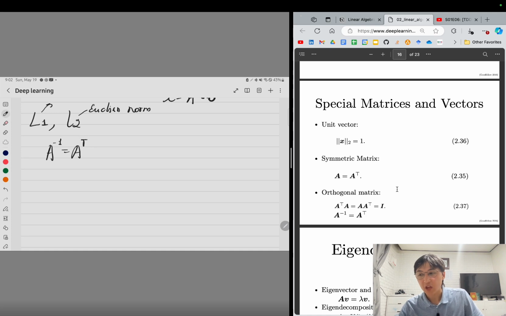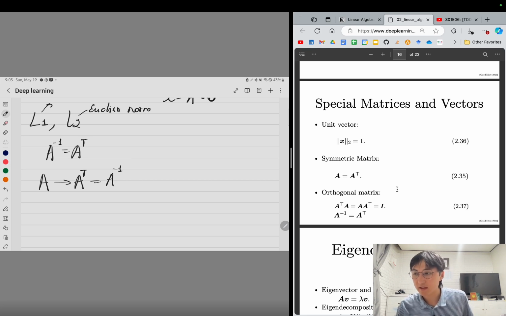If we transpose A, we get the inverse automatically, which means we can solve this system of linear equations easily and cheaply, without spending a lot of computation.